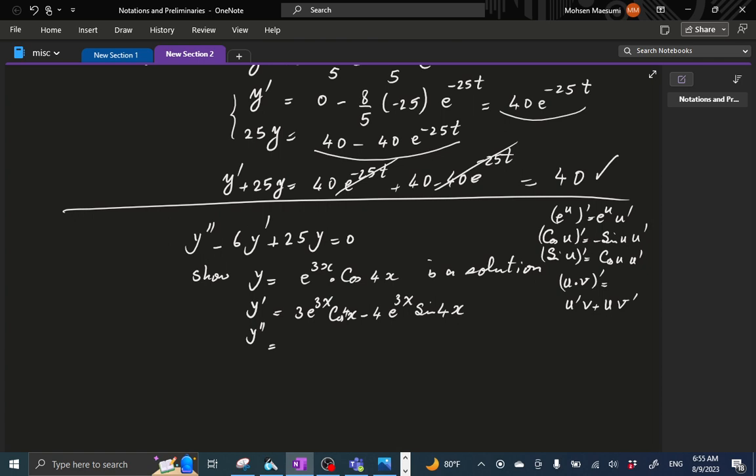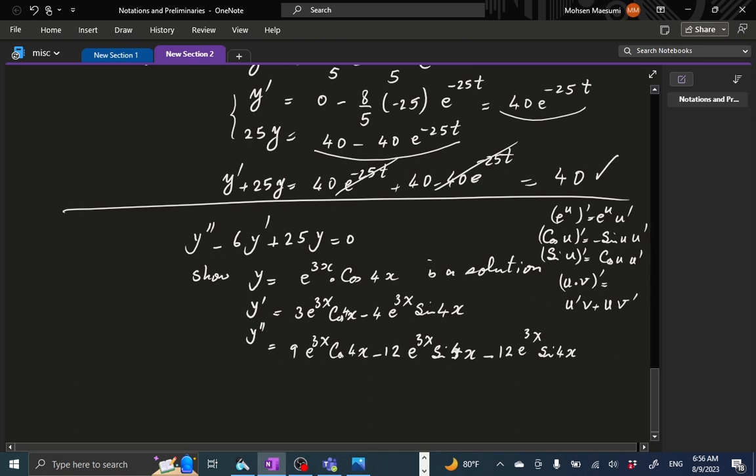Differentiate the first one. So another 3 comes in front, so it becomes 9 exponential of 3x cosine of 4x. Then the derivative of the cosine becomes minus 4 times the 3. It's minus 12 exponential of 3x sine of 4x. Then all of that, so minus 4 times 3, minus 12 exponential of 3x sine of 4x.